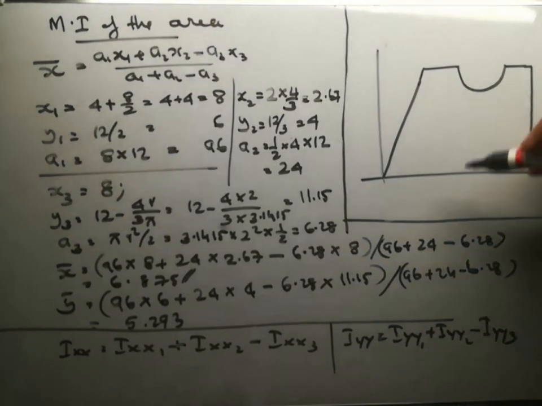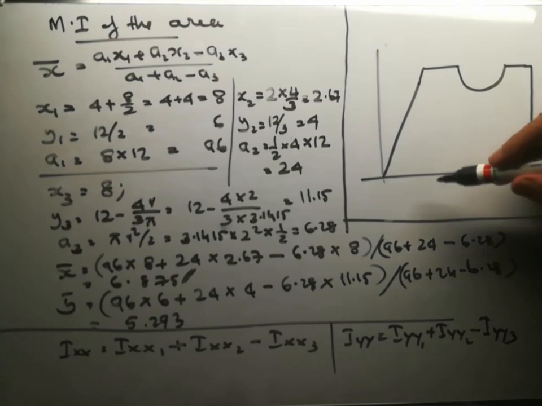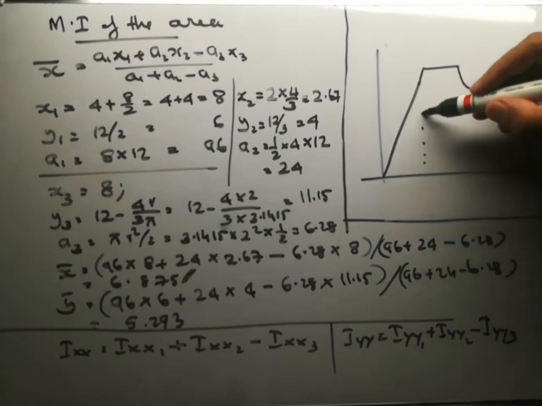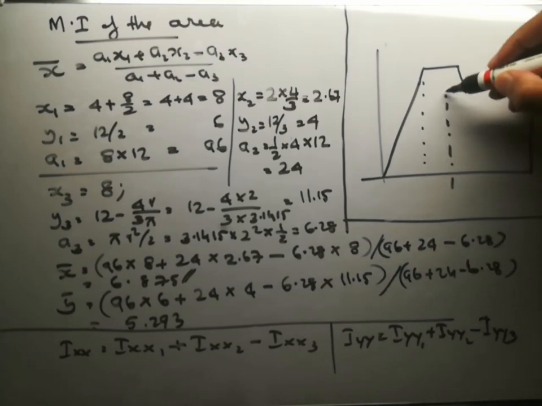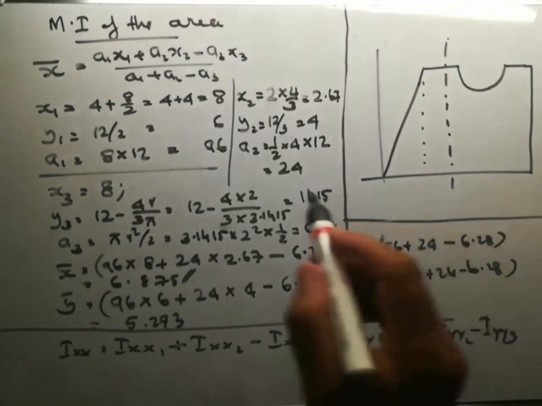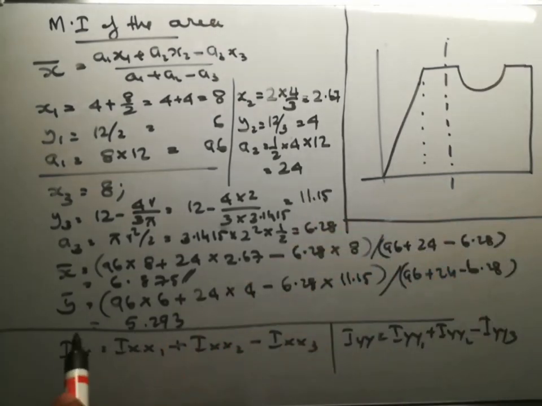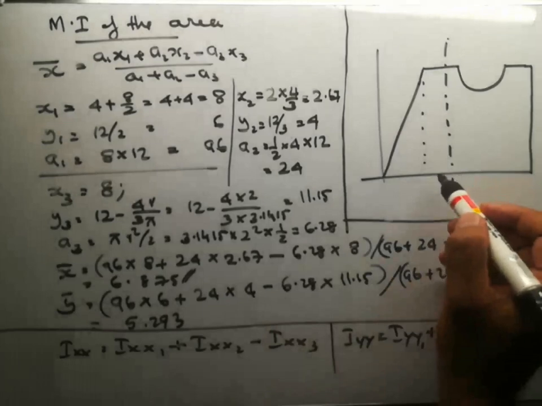This is it. Then this is 4, this is another 4. Then x bar is 6.8, so 8. So this will be the centroidal vertical axis, and the other one is y is 5.293.